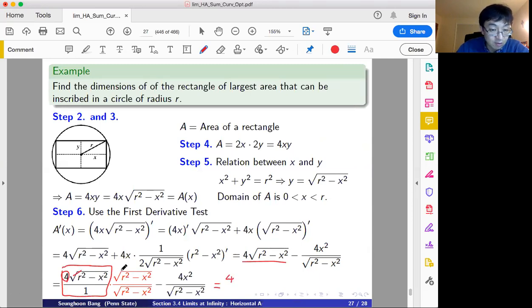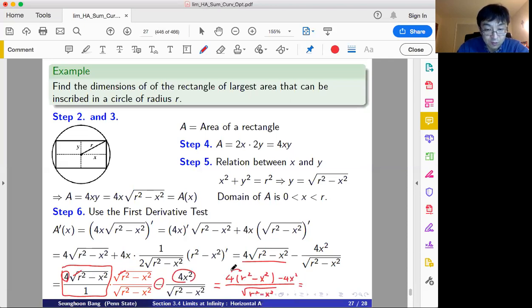Here, the square root is gone. So we have this one, the minus 4x squared over the common denominator, the square root of r squared minus x squared.